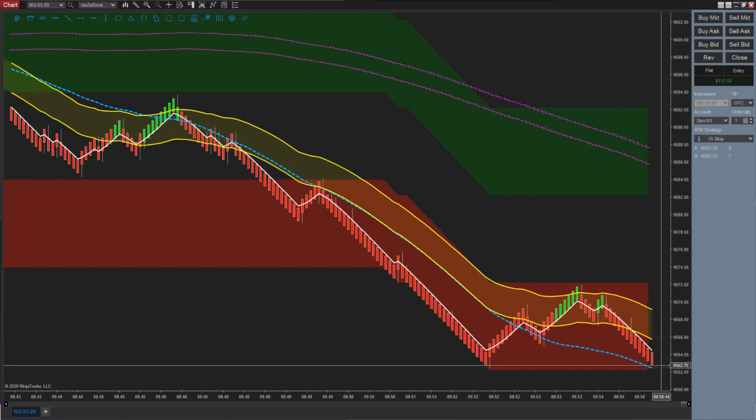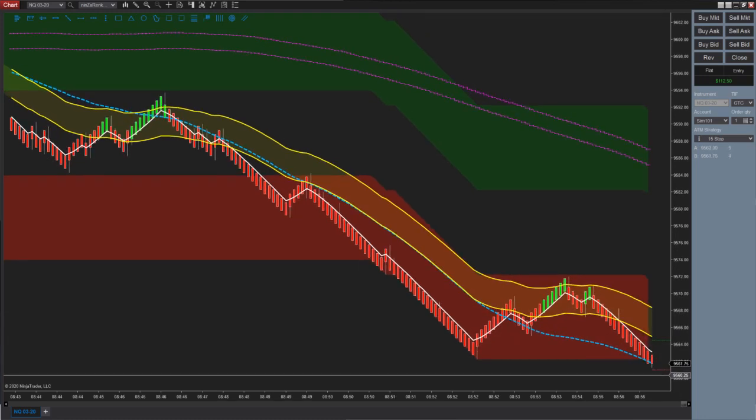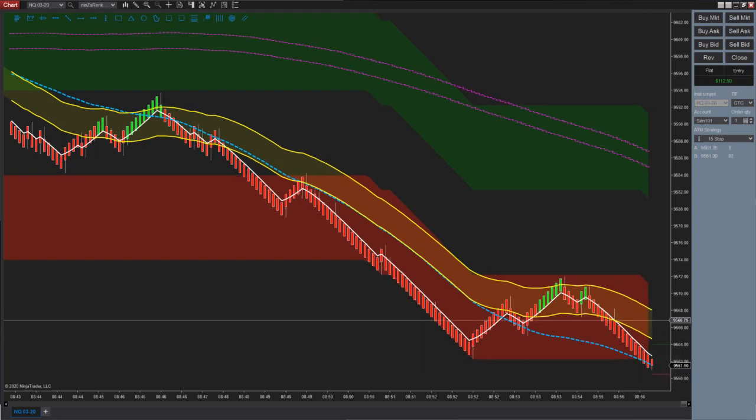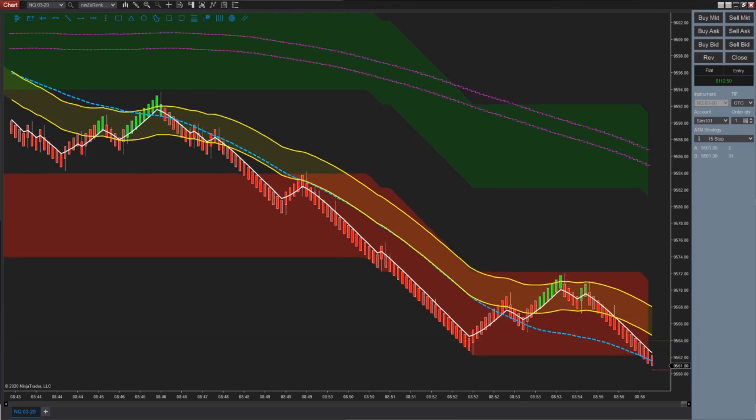Now, if market will bounce from here, go up, comes back, touches this line and bounces again, then yeah, we'll go long. But for now, not.